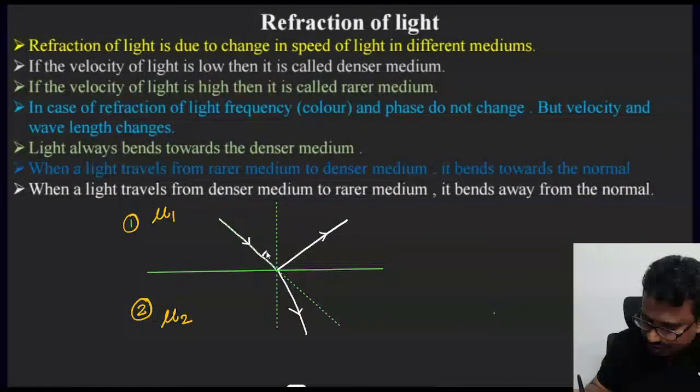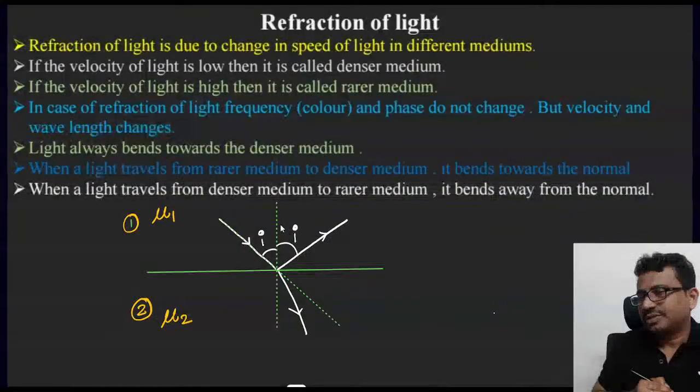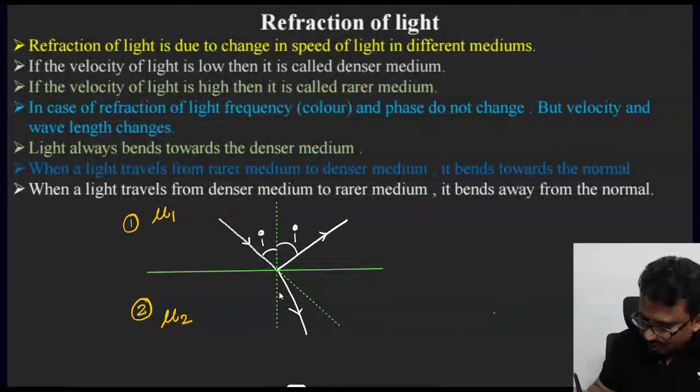If we call this angle of incidence I, this is the angle of reflection. Angle of reflection is equal to angle of incidence only. Now here this total angle is what, tell me now? I. Total angle is I. This angle is what? Tell me now? R. This angle is R.